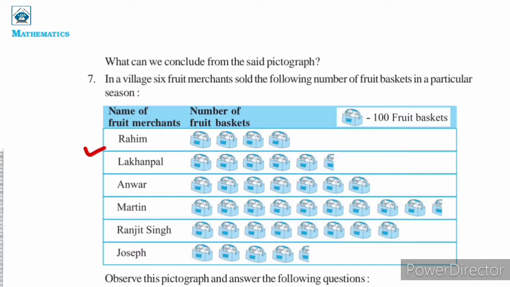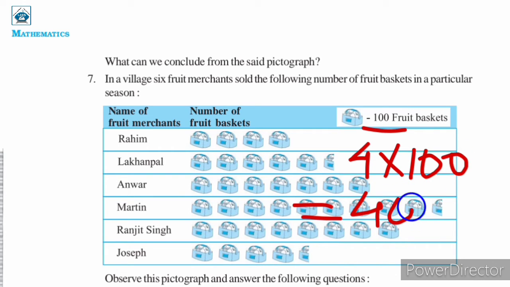How are we able to read this? Because this represents 100. So 100 plus 100 plus 100 plus 100, or else we are given this picture 4 times. 1 time होता तो we read it 100. If it is 4 times, then we read it 4 into 100 which is equal to 400. So from this we can say that Rahim sold 400 fruit baskets.